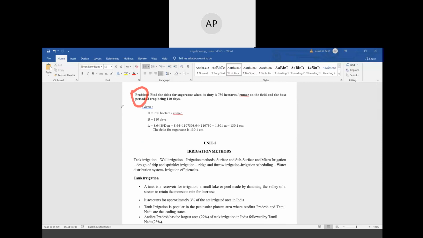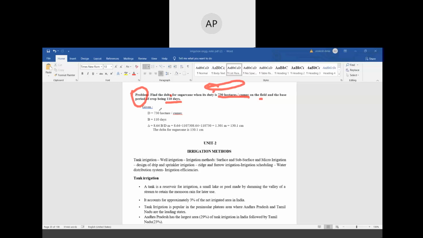Here it is given: find the delta for sugar cane when its duty is 730 hectares per cumec on the field. The duty means the area irrigated. And the base period for the crop is 110 days.